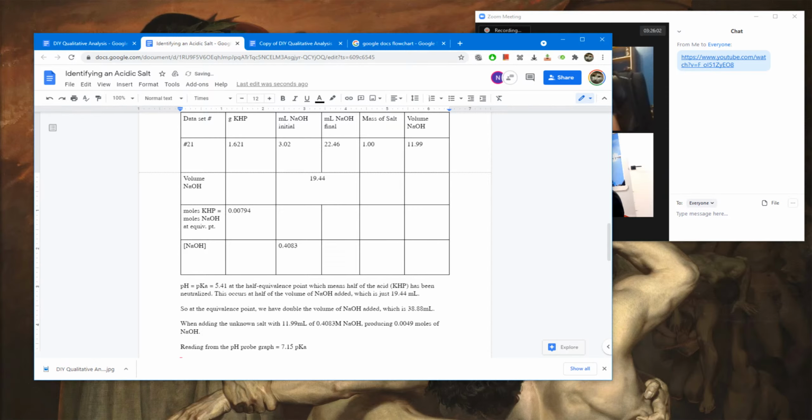That's how many moles of NaOH we have. And this should be equivalent.